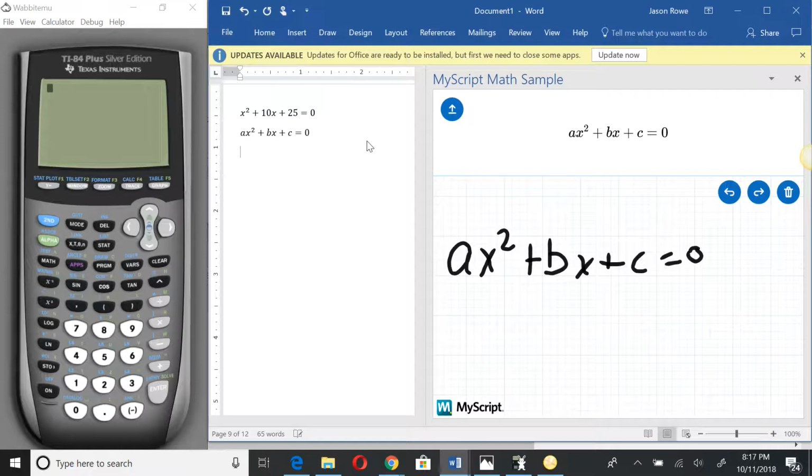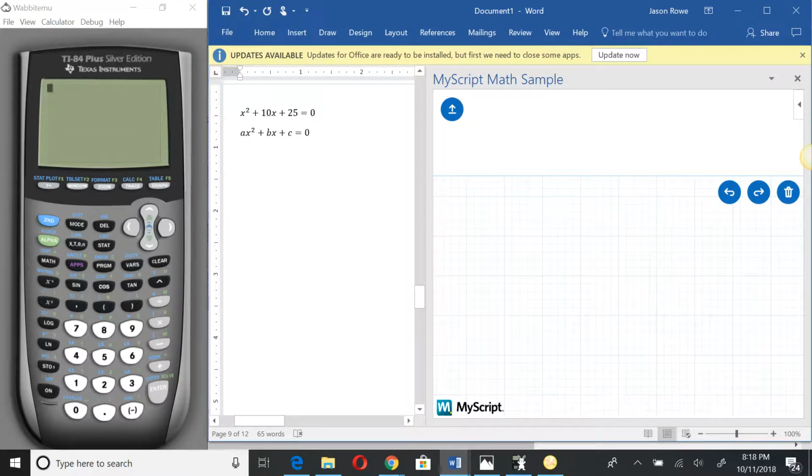And so what we need to do is find the values for a, b, and c. And that's all we need to worry about. So we're just looking for that value, and that value. We're not worried about anything else, x squared, x's, nothing else.